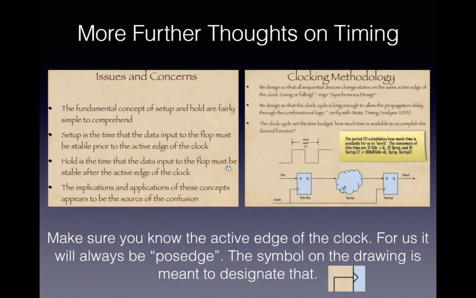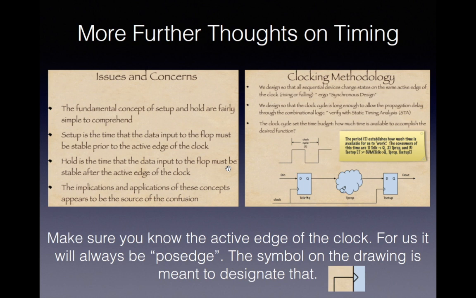Setup and hold are fairly easy to understand. In the analysis that I've been talking about, where we say who the consumers are and how much work we can get done in a clock period, it's only setup that's considered. Hold is not a contribution to what is referred to as worst case analysis.